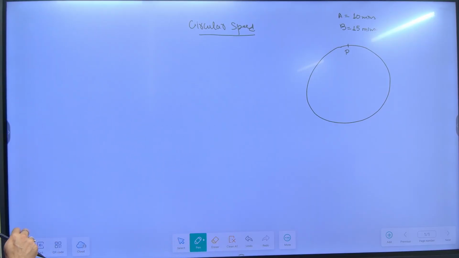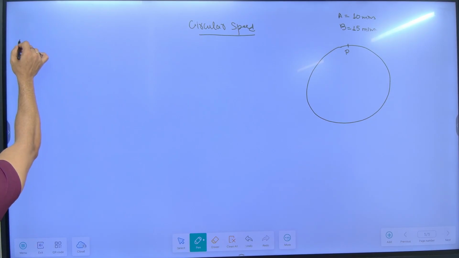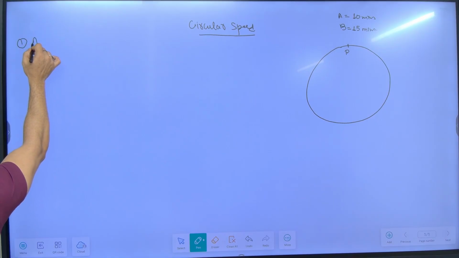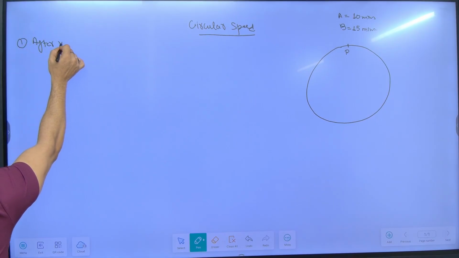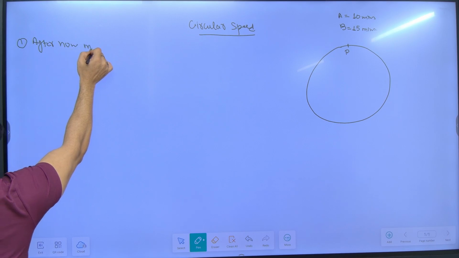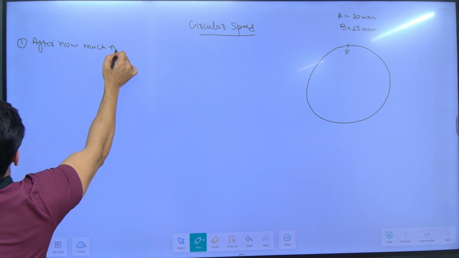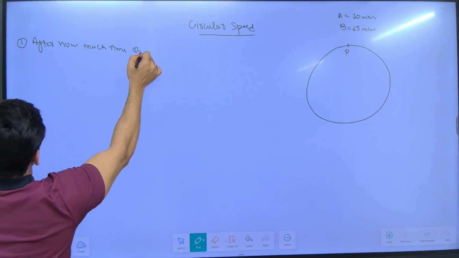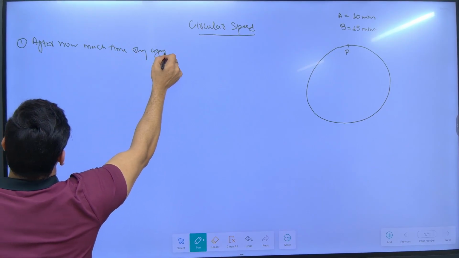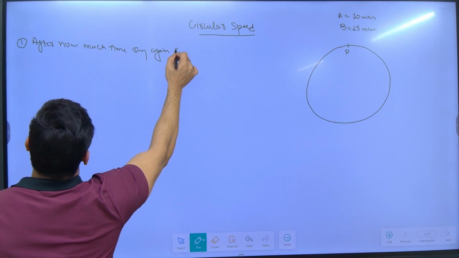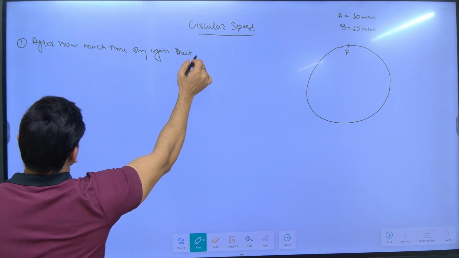If A can come back to the starting point after 10 minutes and B can come back to the starting point after 15 minutes, the first thing in the question is after how much time they again meet at the starting point.